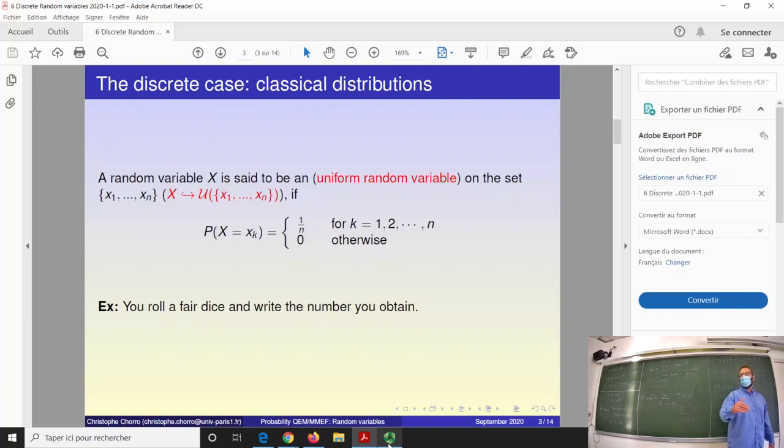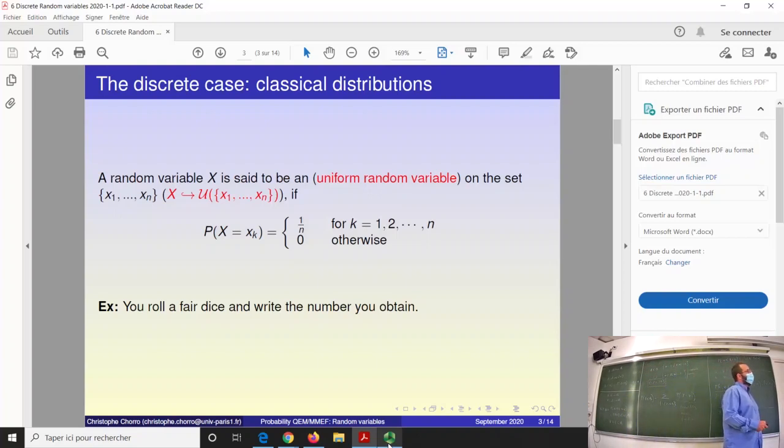So I have a uniform situation, comparable to what happens when you roll a fair dice. I have n elements in my set. I want them to have the same probability to occur, and so the probability of each of them is equal to 1 over the number of elements.